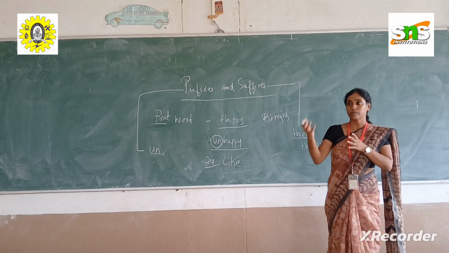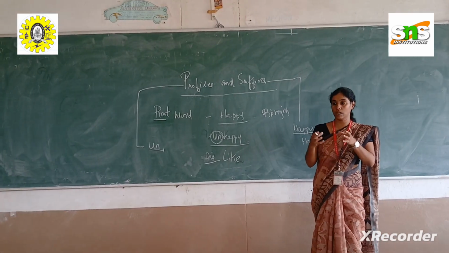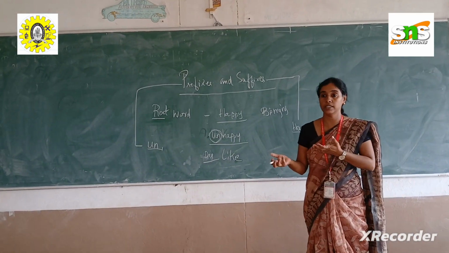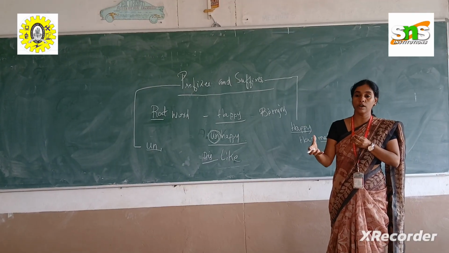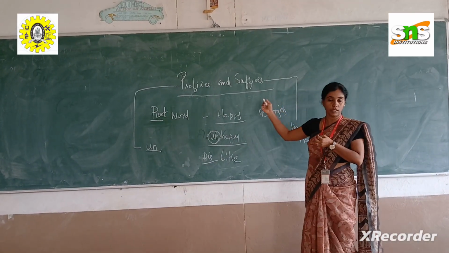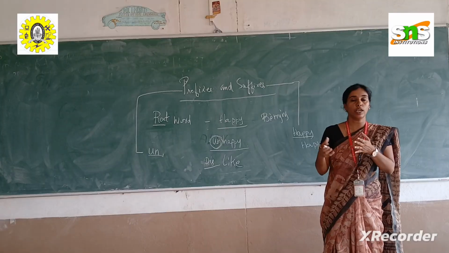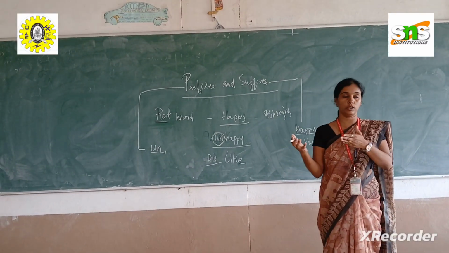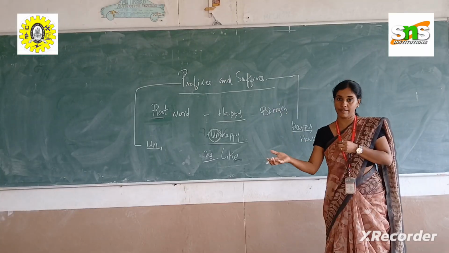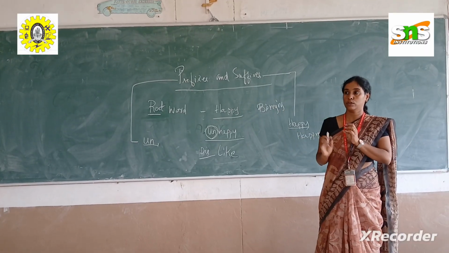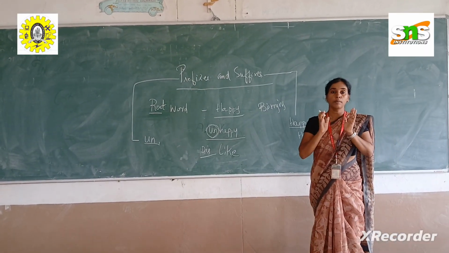There are so many inventions or new findings where we are supposed to give a new term for it. We can use prefixes and suffixes. For example, take so many machineries that are invented or advanced, so there we add auto, which is a prefix.